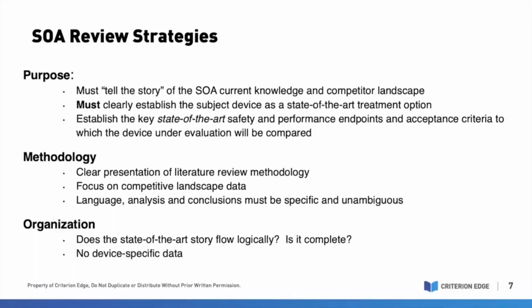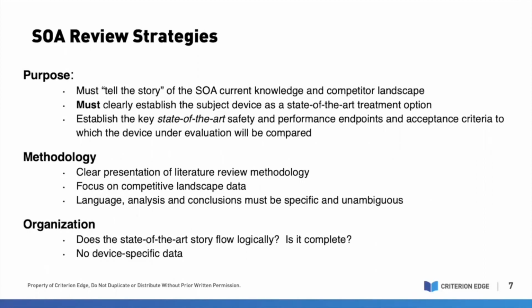A well-written state-of-the-art should tell the story of the current knowledge and competitive landscape related to the subject device and its technology. It must clearly demonstrate that the subject device is a state-of-the-art treatment option by establishing the safety and performance endpoints and acceptance criteria to which the device under evaluation will be compared.